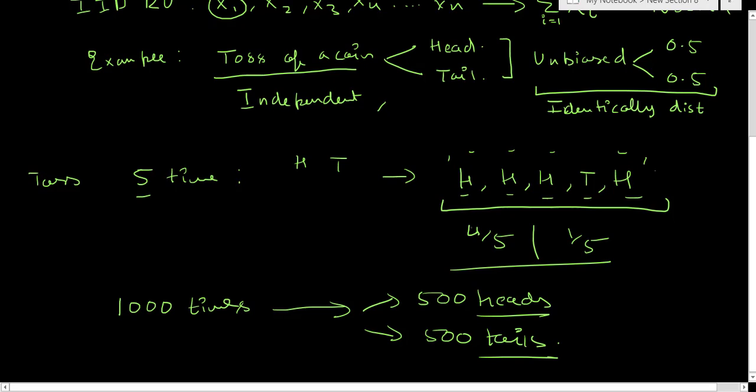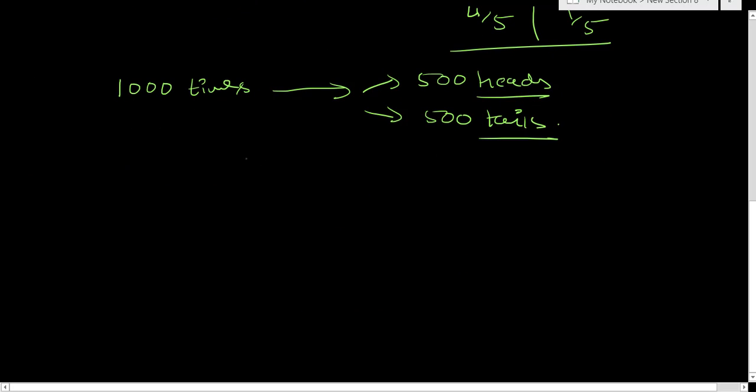Over time, if we take a lot of tosses, this randomness will go, and this element of biasness will disappear, and this will make the distribution somewhat normal. So when I toss the coin a large number of times, the distribution tends to be normal.